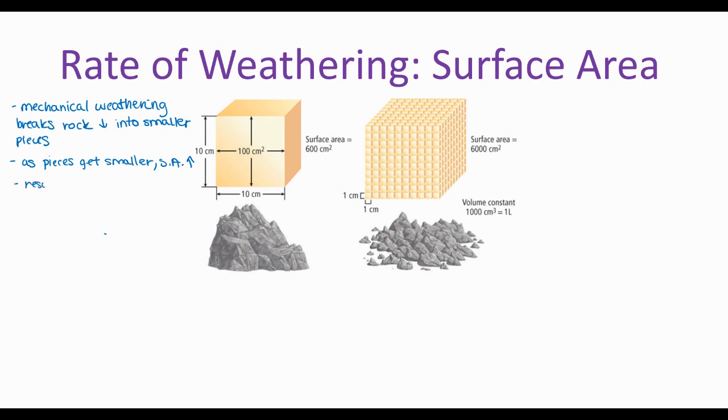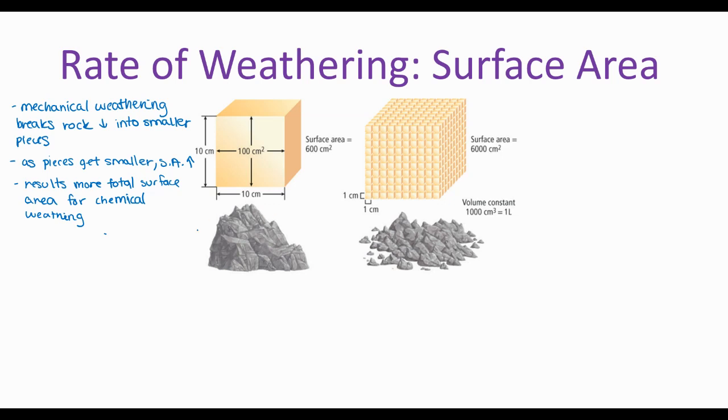This results in more total surface area for chemical weathering to do its work. So this is demonstrated by the smaller the pieces are, the more surface area you have, and by this picture here.